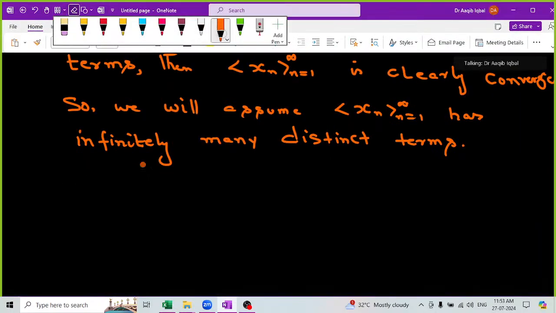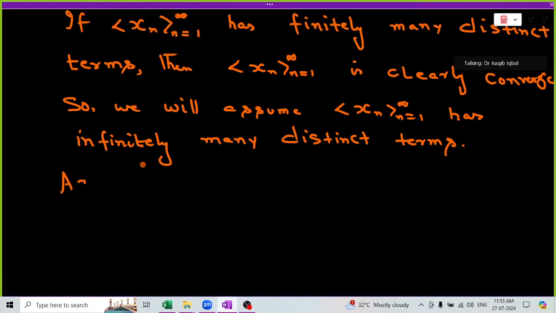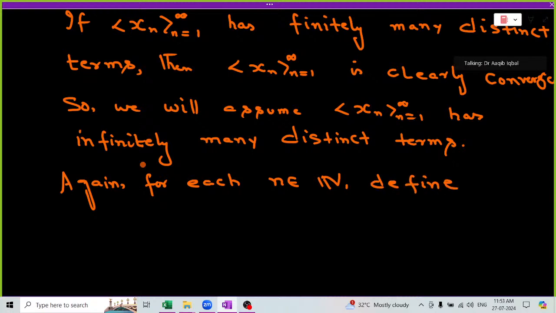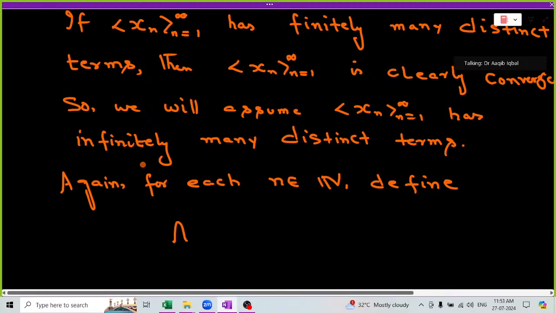अब आप क्या करिए? For each n in the set of natural numbers, you define something. You define a sub n. ये देखिएगा कि क्या हो रहा है यहाँ. A sub n, I am defining as, you have to be very careful with this.